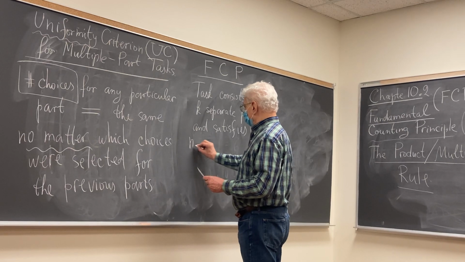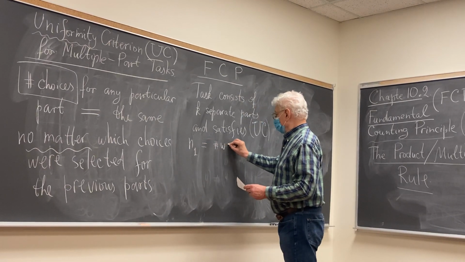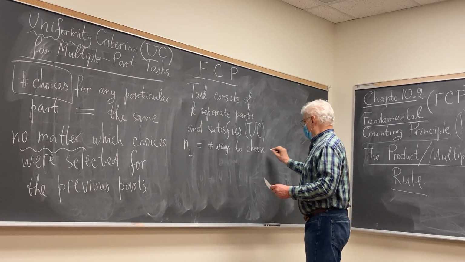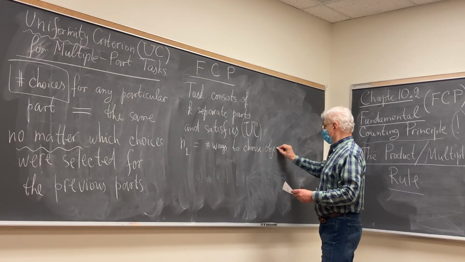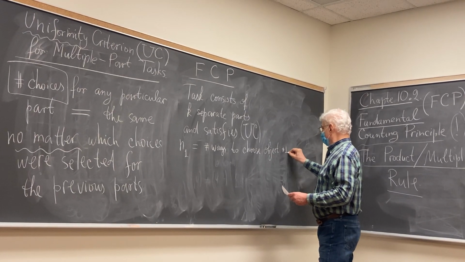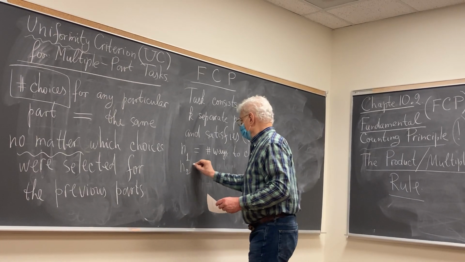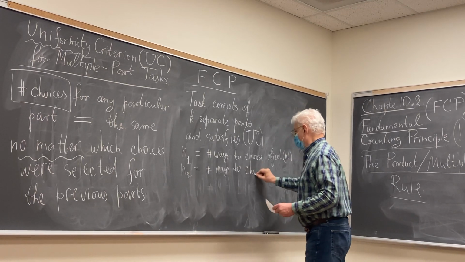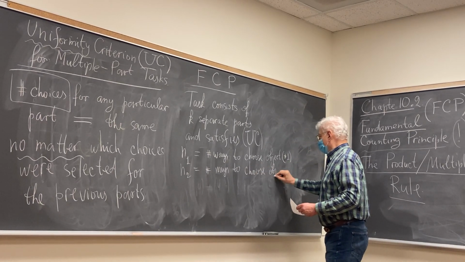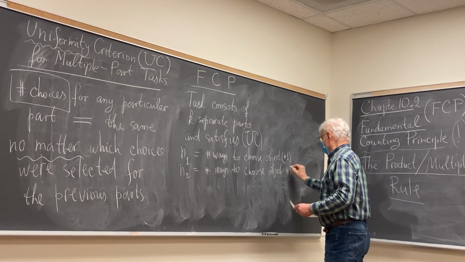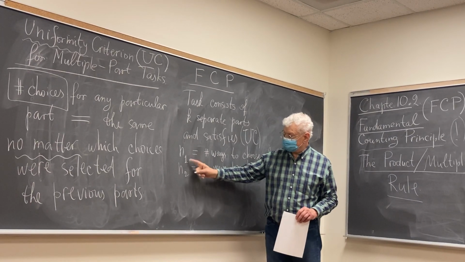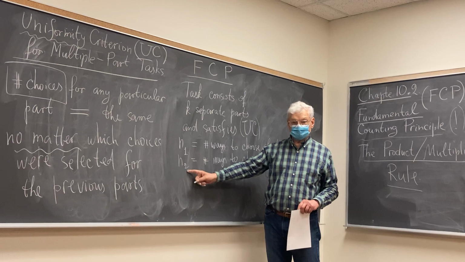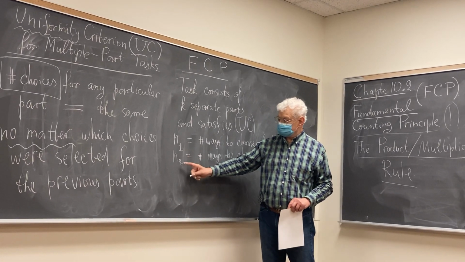So N1 is the number of ways to choose object number 1. N2 is the number of ways to choose object number 2. You see, the subscript means which object you choose. You choose some object and call it 1, choose another object, call it 2, and then your n sub 1, n sub 2, and so on.